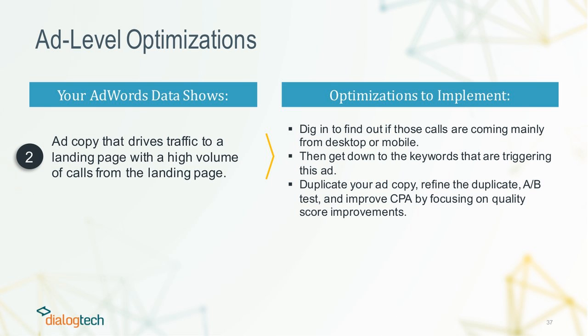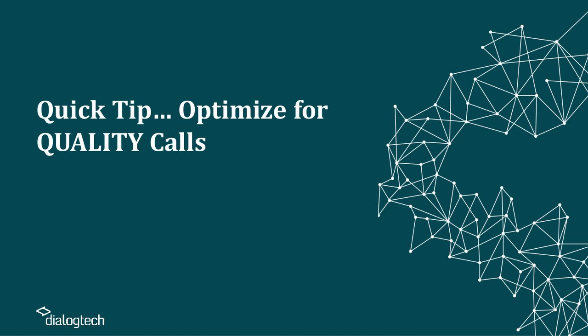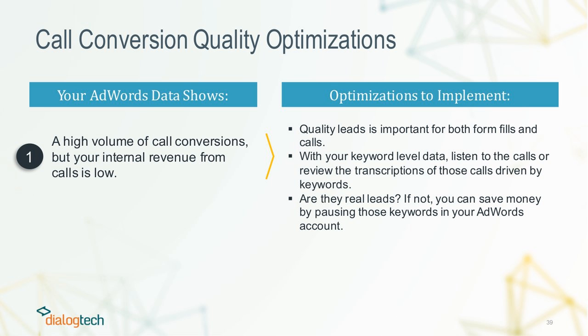My suggestion here is to duplicate your ad copy, refine the duplication, and then A/B test, because you want to get as many calls as possible, assuming they're new customers calling in for a question, to make an appointment, to convert. So really hone in on making that ad copy something that you're A/B testing on other ad groups, because it's a top performer.